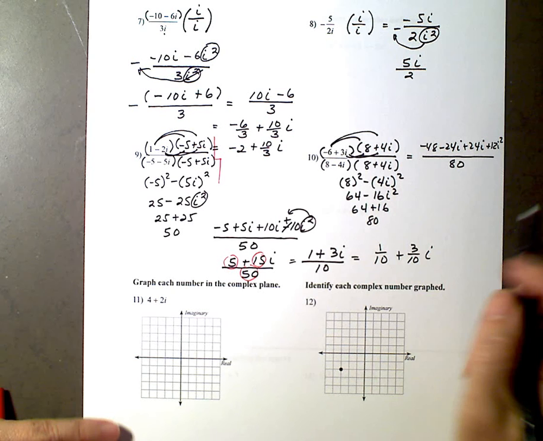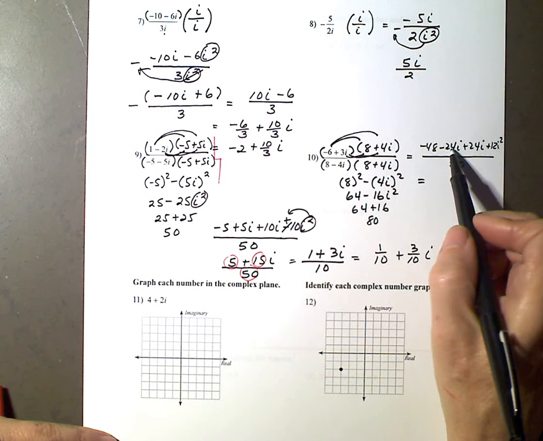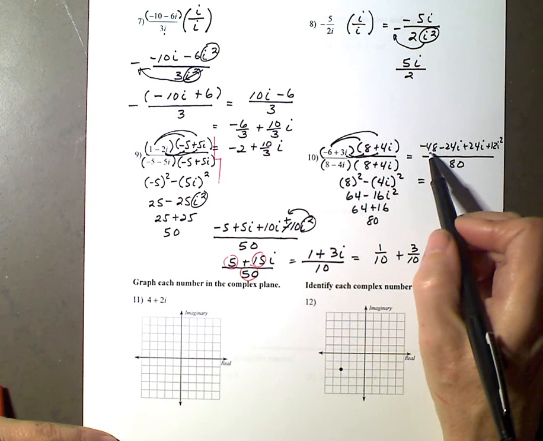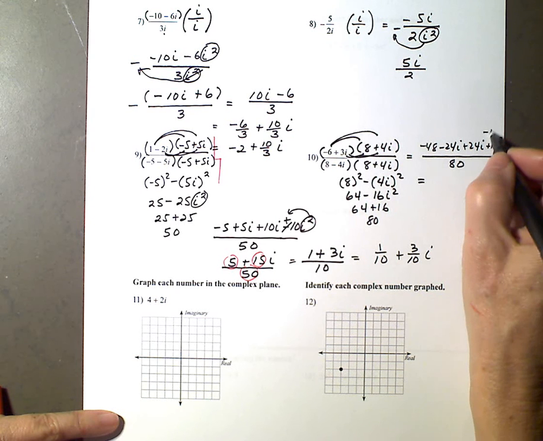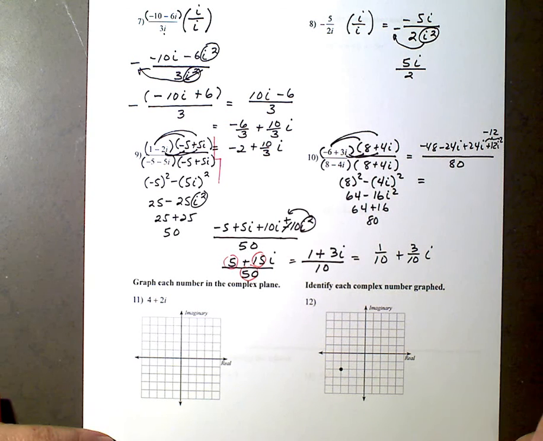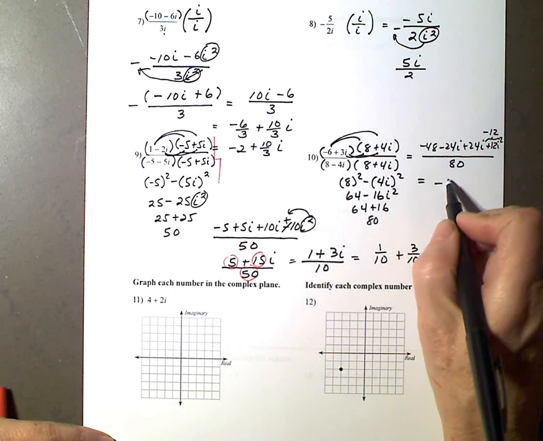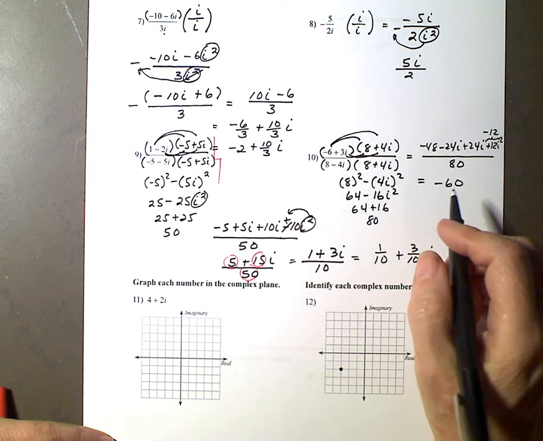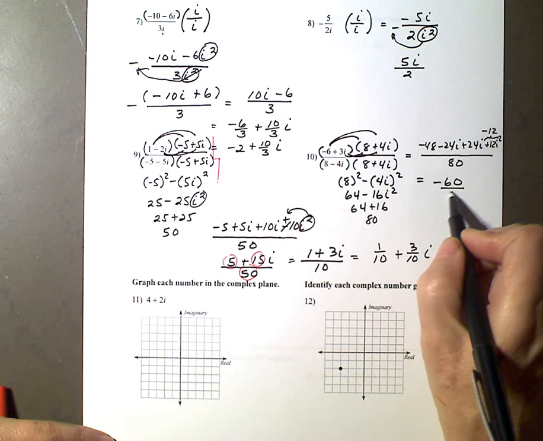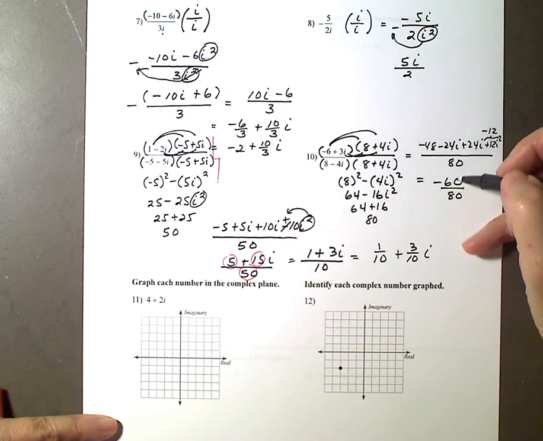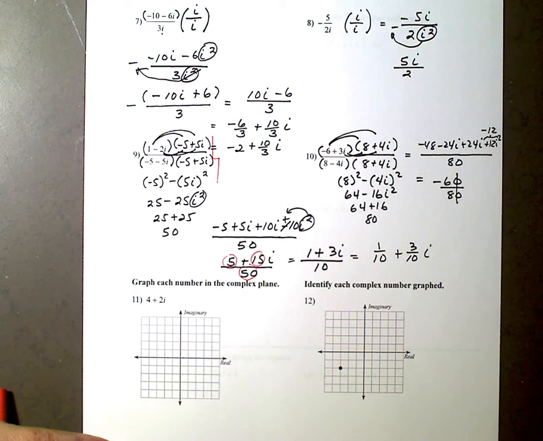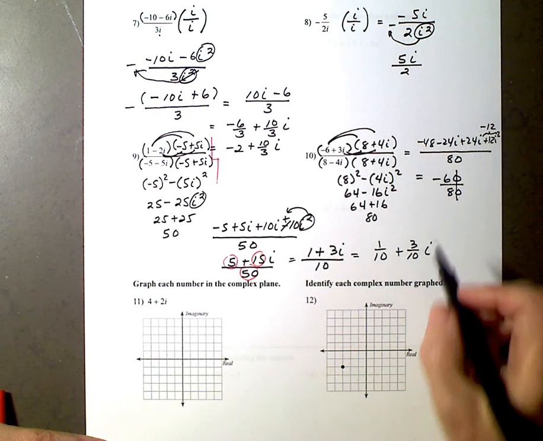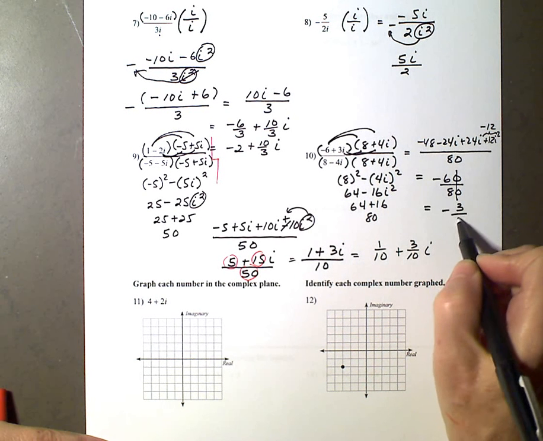Okay, so the i's go away, and then negative 48, and this becomes a negative 12, the 12i squared. So negative 48 minus 12 would be negative 60 over 80. So canceling out the 10 over 10 right there, I get negative 6/8, which is simply negative 3/4.